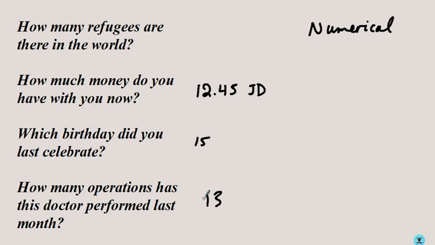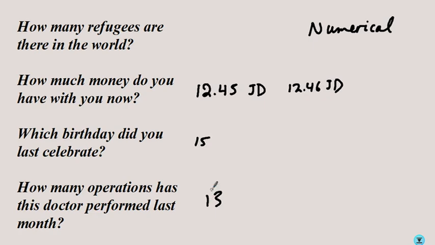The same applies for money. If you have 12.45, you may have 12.46, but you can't have anything in between. So again, there is a jump from one value to the next, but the jump is in 0.01 of a JD. Here, the jump is in 1 year or in one operation or whatever.